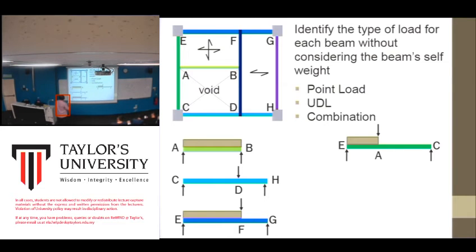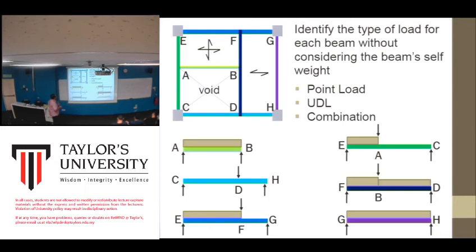We have this to support, which is the column, and then here is the slab, and here is the intersection joined together with this beam. Here is also a combination, FBD. This one is the slab and the beam, and this one is the intersection, the joint beams.